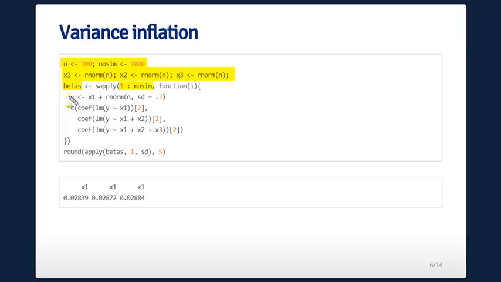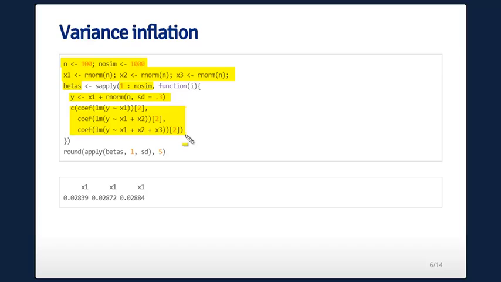And what I'm going to do is fit the y given x1 regression model, and then I'm going to add random noise. So this simulation part of it is adding random noise 1,000 times, and that's how I generate my y.